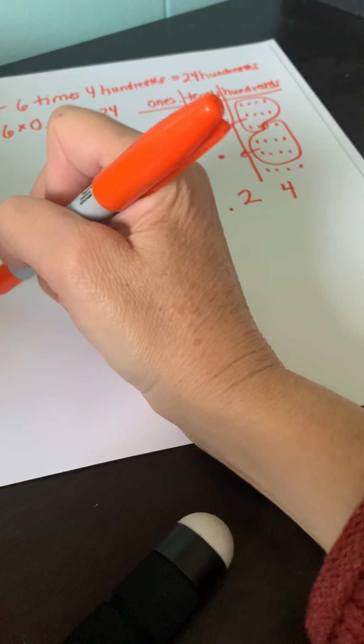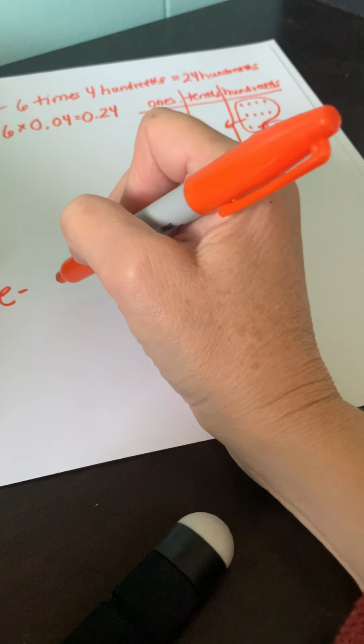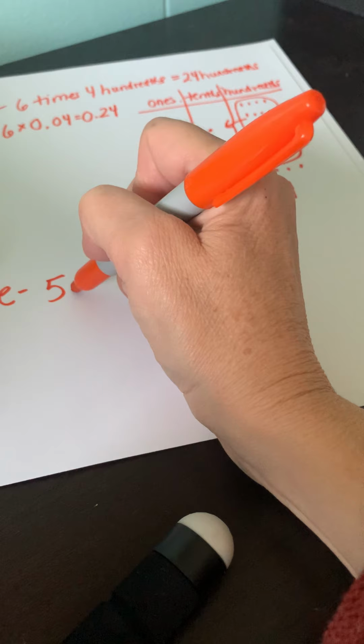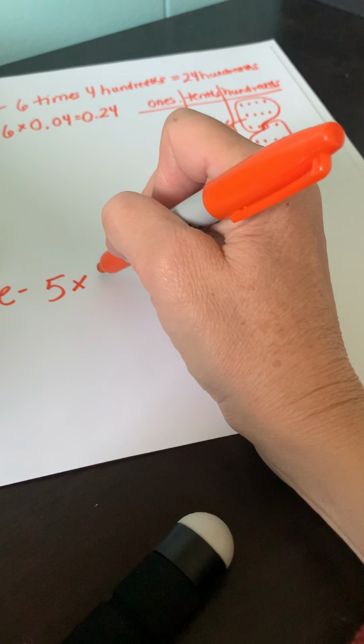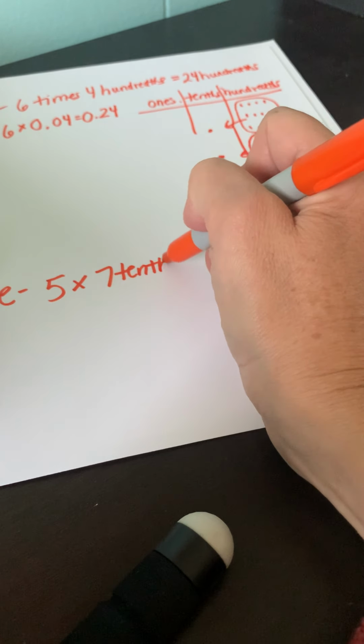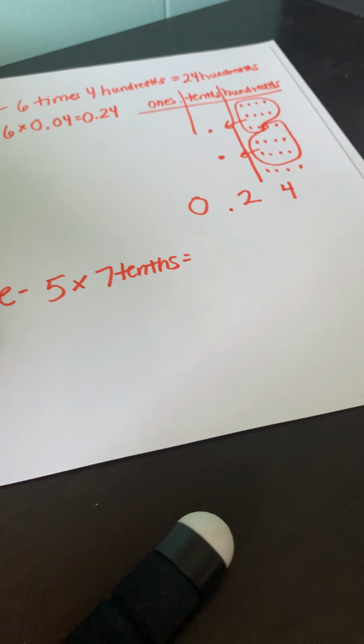Okay, let's look at 1E. 1E says 5 times as much as 7 tenths. 5 times 7 tenths.